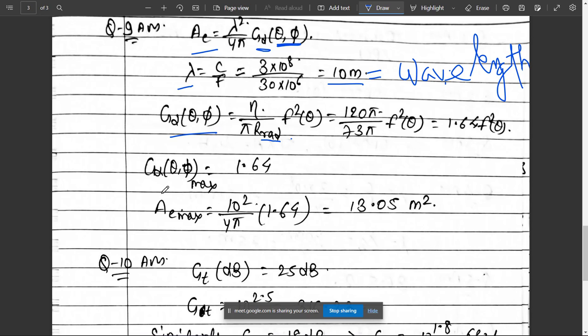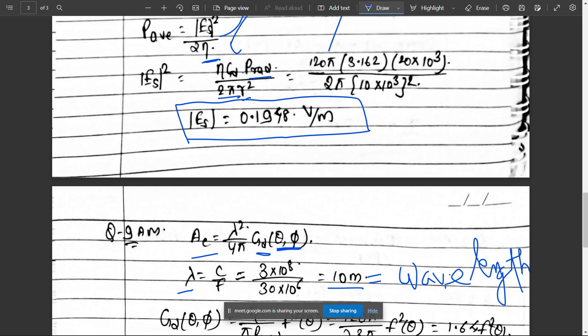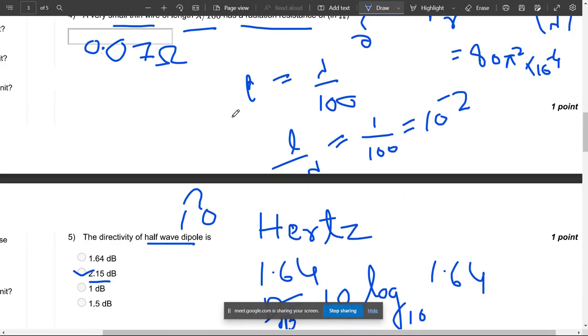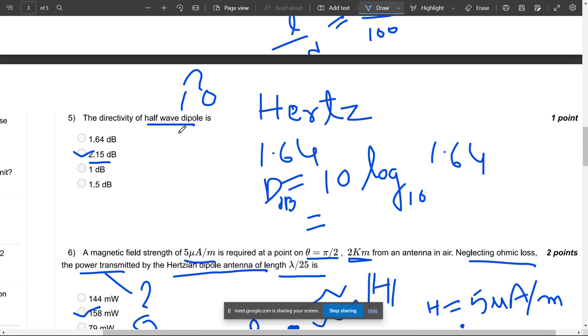Now we know that gain in absolute terms for half wave dipole antenna is 1.64, right? We have already discussed this. Where have we discussed this? Here, the directivity of half wave dipole antenna.